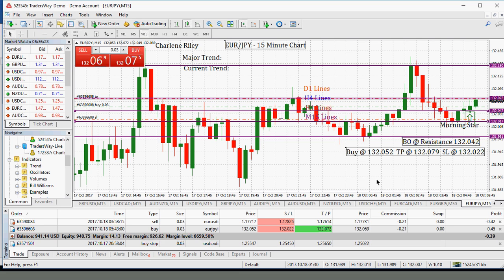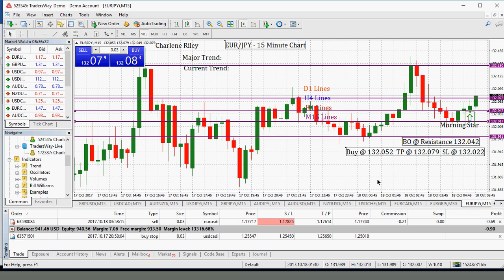It's almost there. It's almost there. Come on, bulls. And there you have it. Broke through and gave us our take profit. And that was a good trade. And it's likely that the market may go even further.